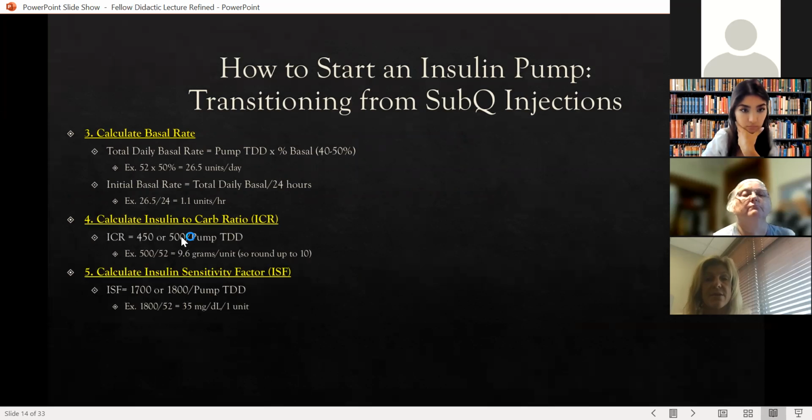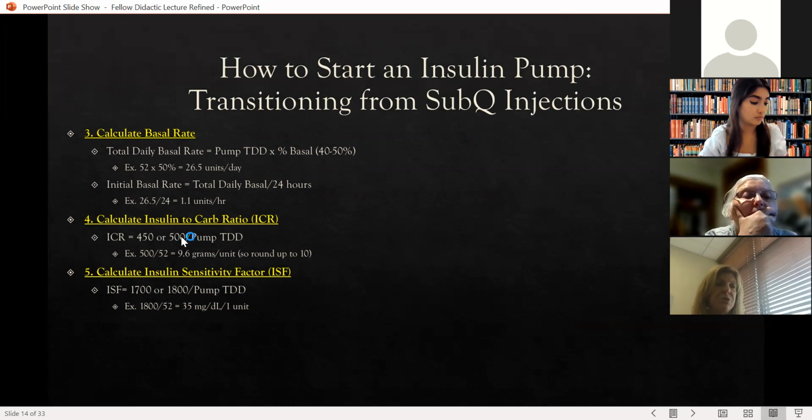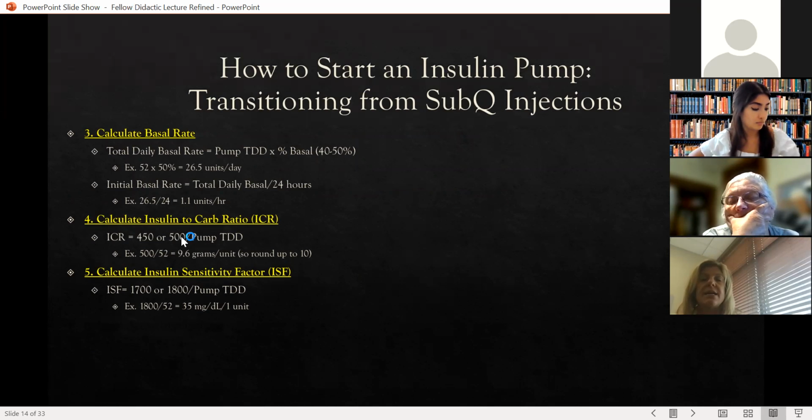So you'll have to calculate all these rates. The basal rate, that one's pretty easy. A lot of times you should be figuring out total daily doses of insulin, and we take that total daily dose. I'm going to use rounder numbers than this slide has, but say they're on 100 units of insulin a day.